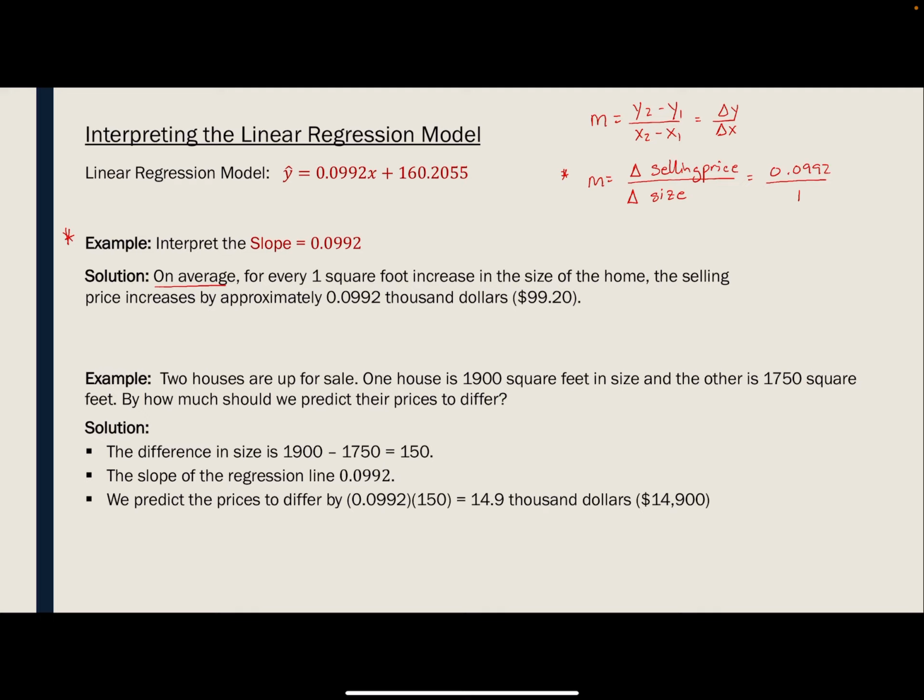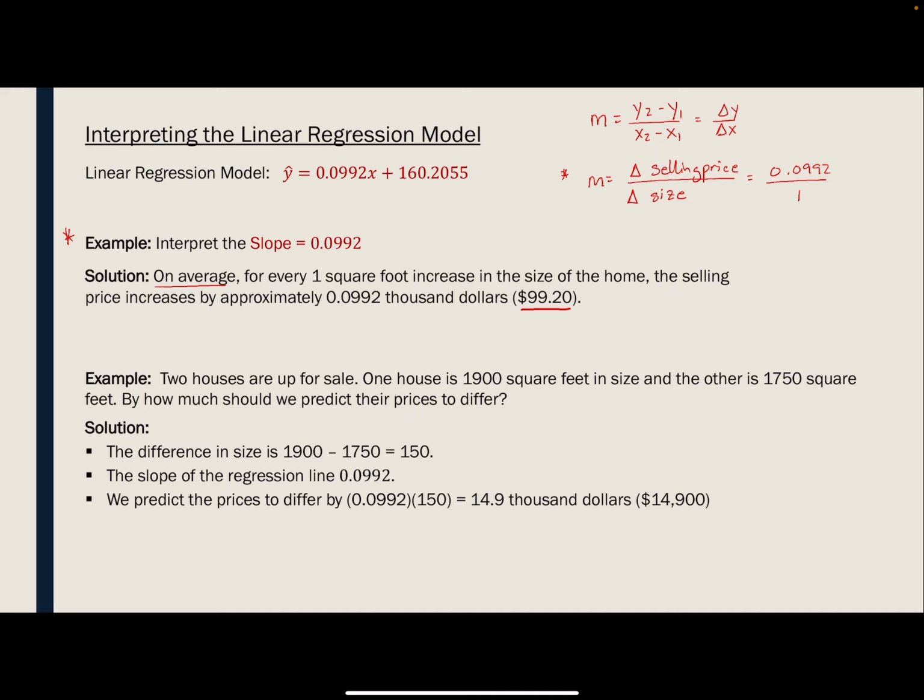For every 1 square foot increase in the size of the home, so I'm looking at the denominator, the selling price increases by approximately $0.0992 thousand. Now, if you were to take 0.0992 and multiply it by 1,000, you would get this. So a 1 square foot increase in the size of the home will increase the selling price by $99.20.